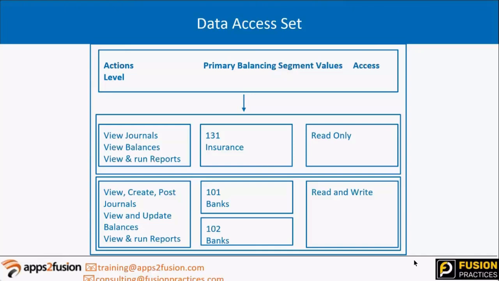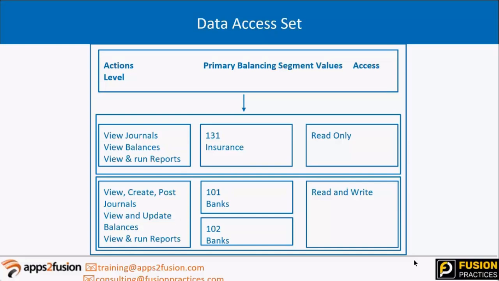They can just read the data, they can go to manage journals, find the journals, run the reports, but they cannot post any data in that particular entity or company. So you can give read-only access for that balancing segment or for that particular ledger also. If you have 100 balancing segment values, 100 companies in that ledger, you can give the ledger access read and write or read-only access. So you can do both things.